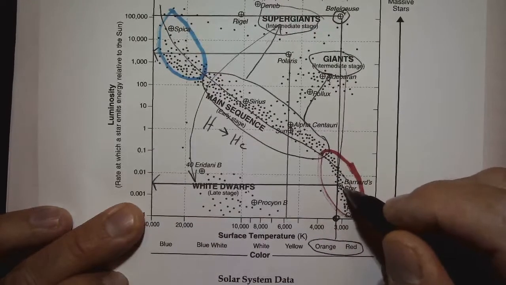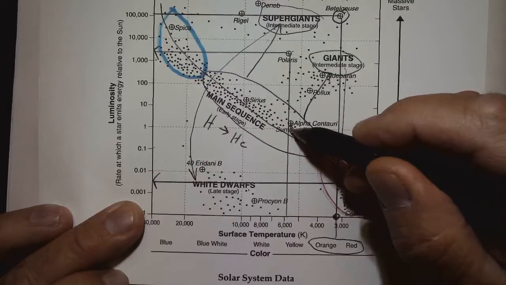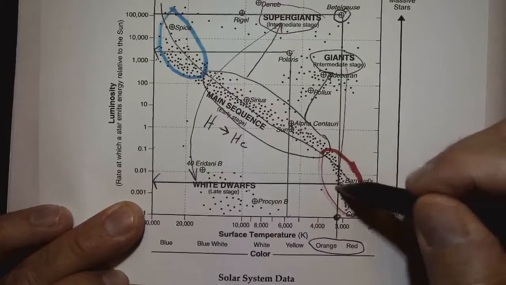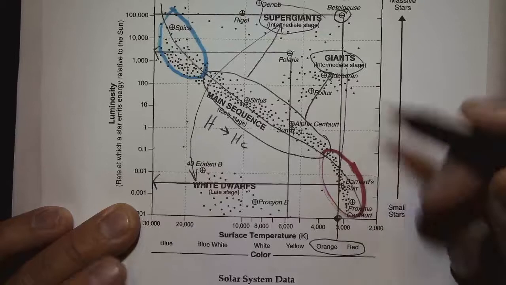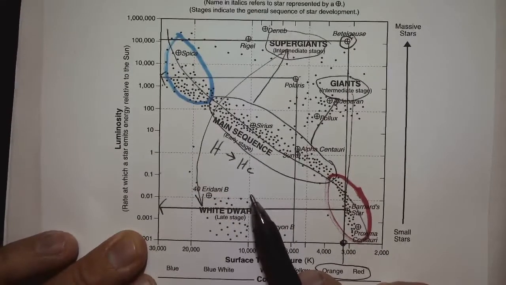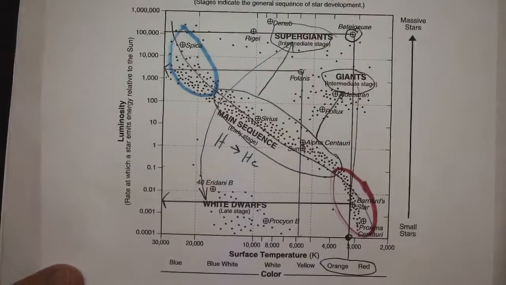So a very dim star. How does its temperature compare to our sun? Well, while our sun is just a little under 6,000 kelvins, Barnard's star is just a little bit more than 3,000 kelvins. So we can look at any of the stars here and figure out what they're up to. And that's the idea of the characteristics of stars.